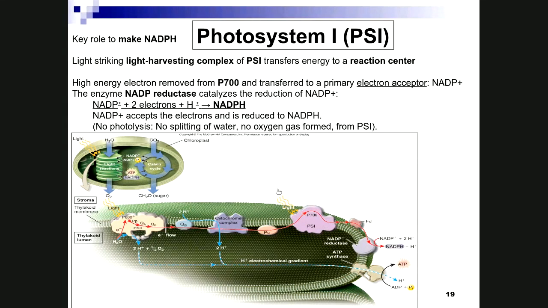Now the photons are hitting, the electrons are excited again, they gain energy, and they're moved over to this complex here, NADPH dehydrogenase. Then the electrons are received by NADP+, and NADP+ is reduced to NADPH, and again, we're making NADPH. So photosystem 1 indirectly is used to make NADPH because NADP+ accepts the final electrons here.